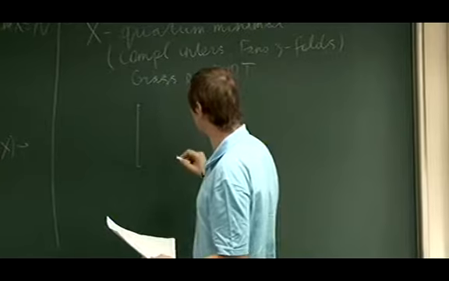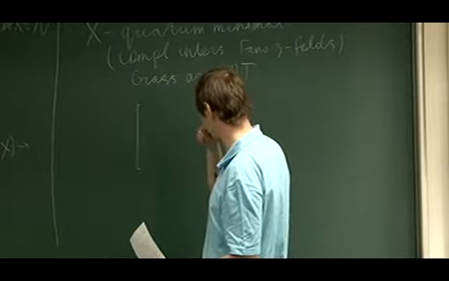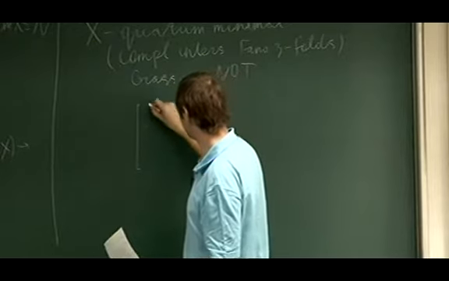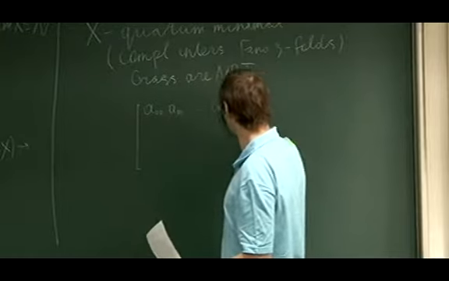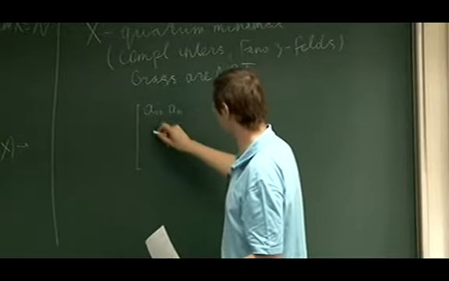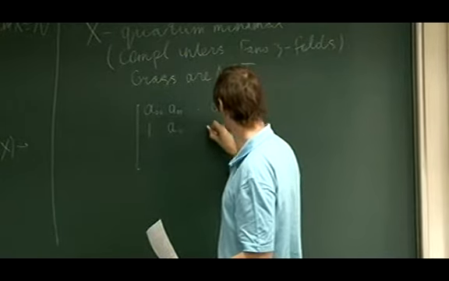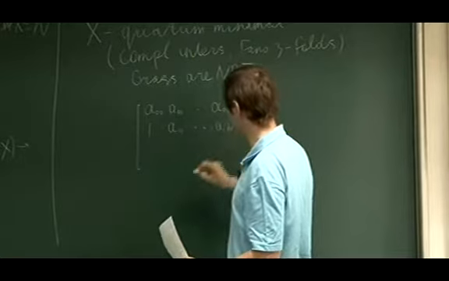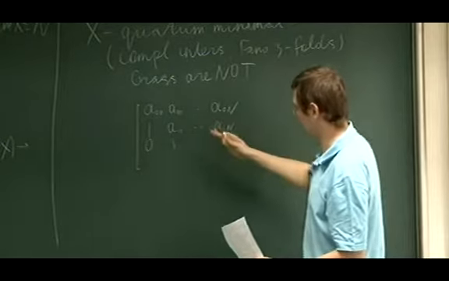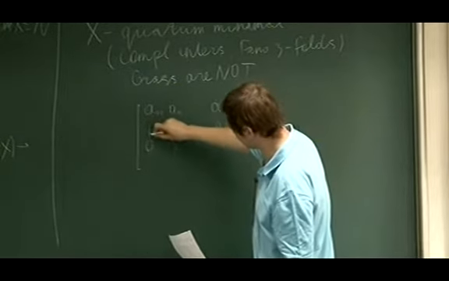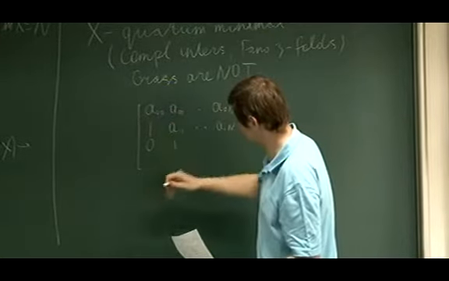Write down the following matrix. It looks like this: upper triangular, with 1 under the main diagonal and the rest are 0.